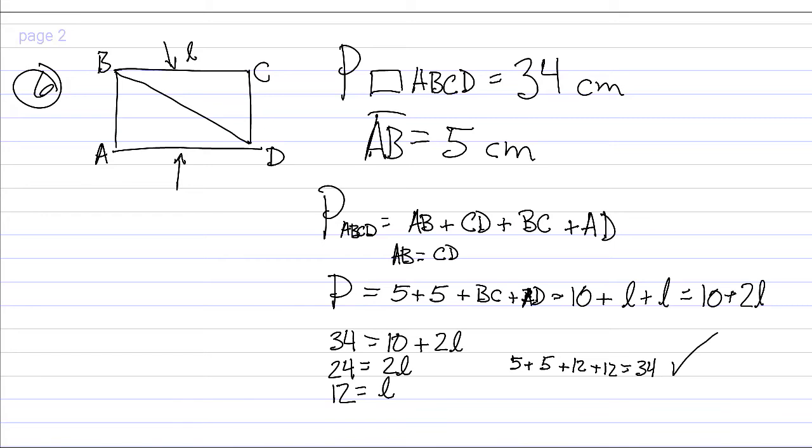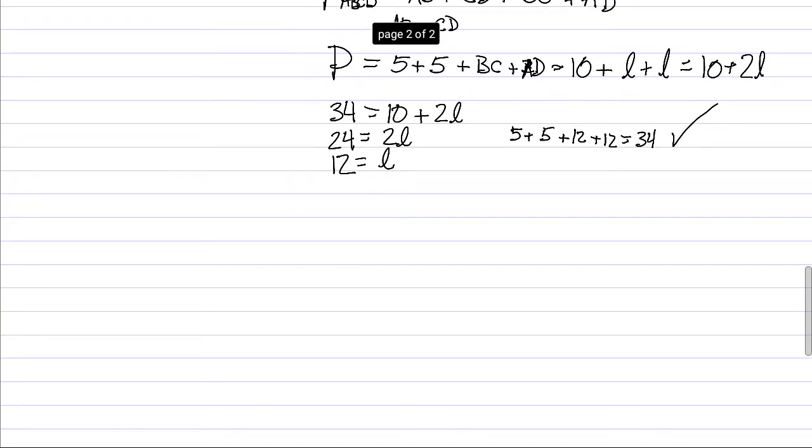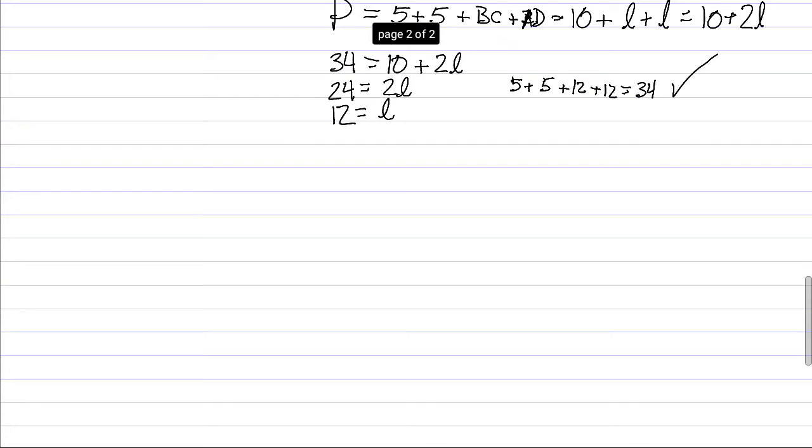Check. Alright, so now the real question is, what is the perimeter of triangle BAD, or as they put it, ABD. We've figured out two of the sides at this point.